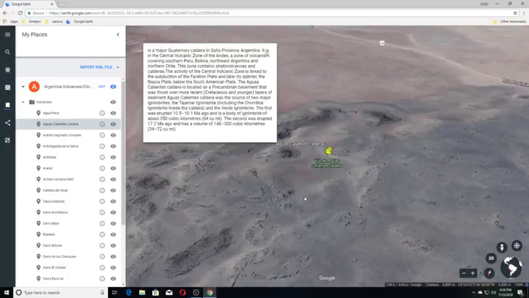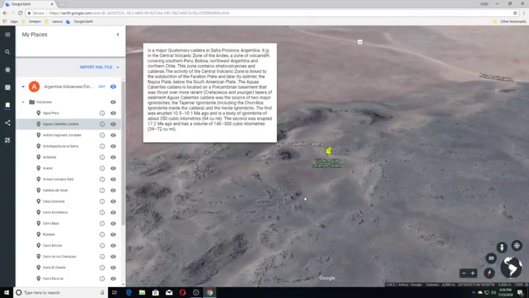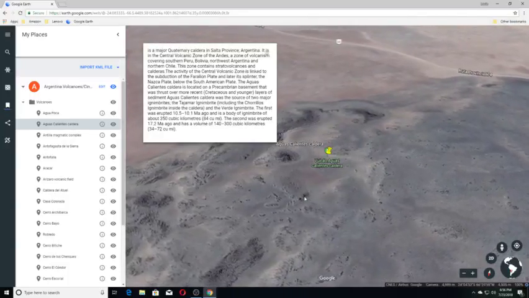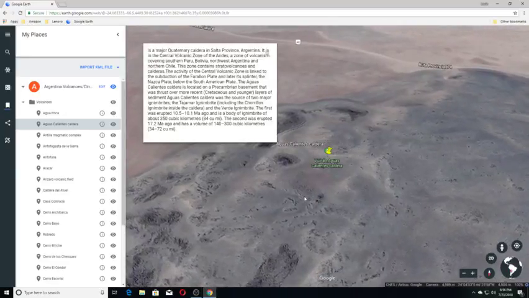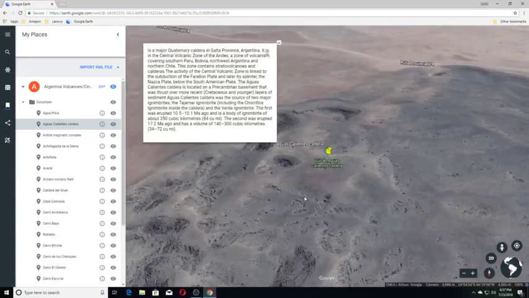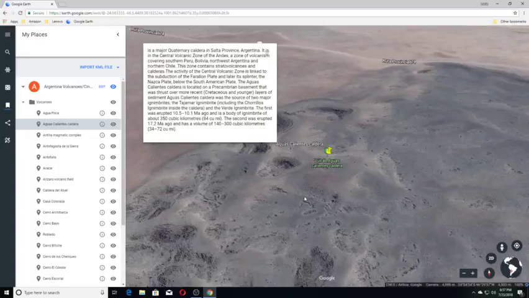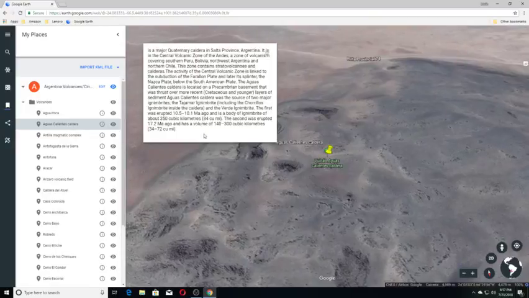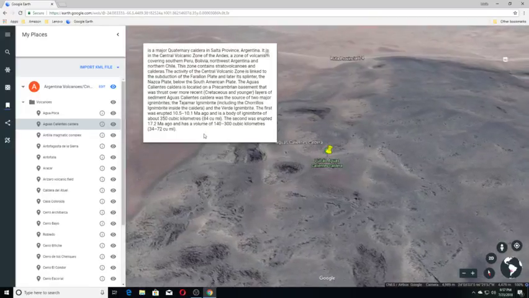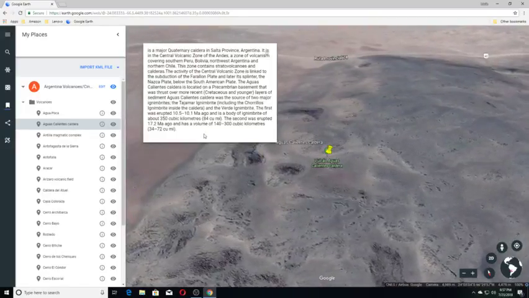The Aguas Calientes caldera is located on a Precambrian basement that was thrust over more recent layers of sediment. Aguas Calientes caldera was a source of 2 major ignimbrites, the Tajamar ignimbrite, including the Chorrillos ignimbrite inside the caldera, and the Verde ignimbrite.